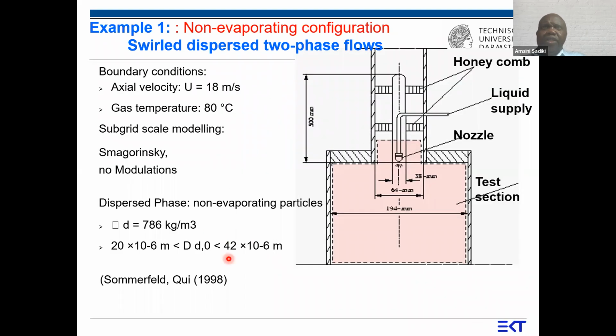The flow velocity, the axial velocity, this, the gas temperature, this, and we considered the Smagorinsky model and we didn't consider the modulation.